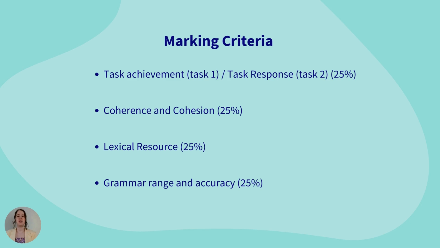I suggest completing a few practice essay questions and identifying your weakest area so that you can work on it. In later lessons of this video series, we will look at how to improve each area in detail. So make sure to check those videos out.